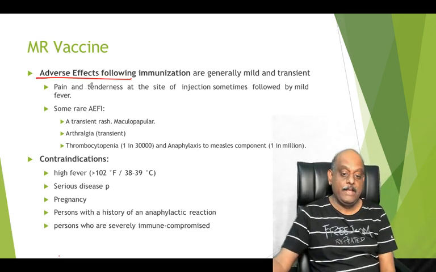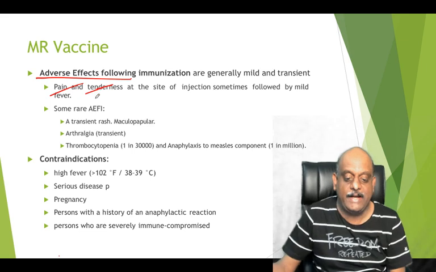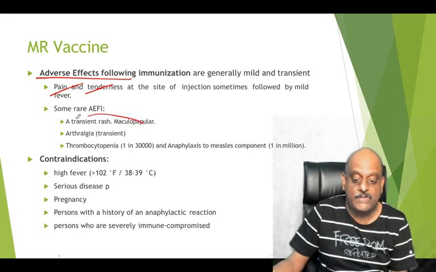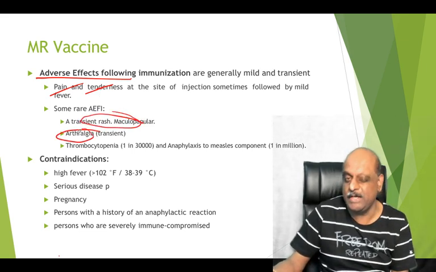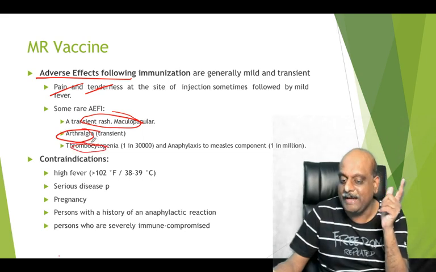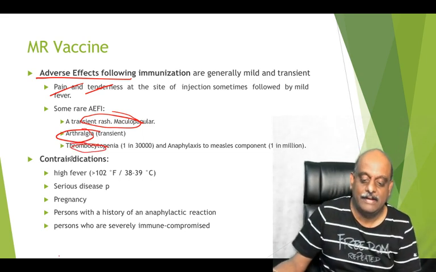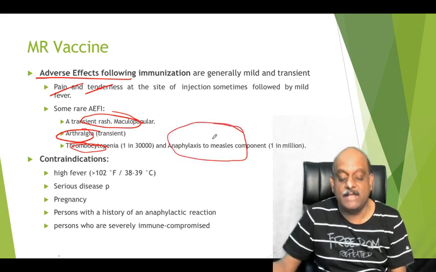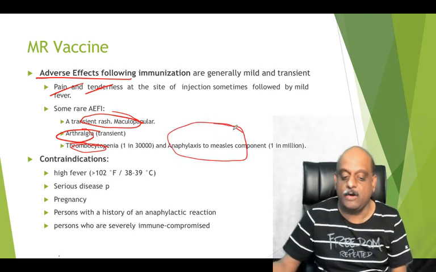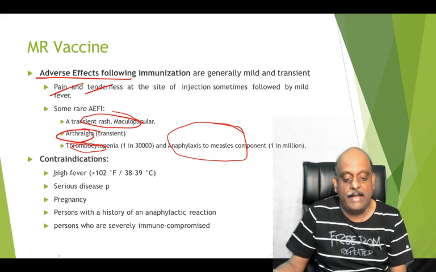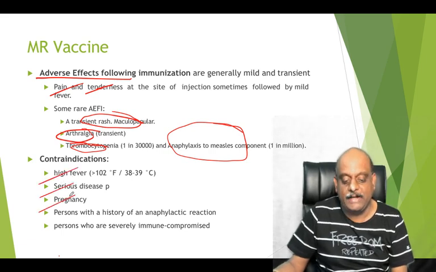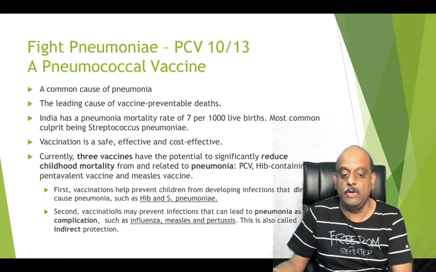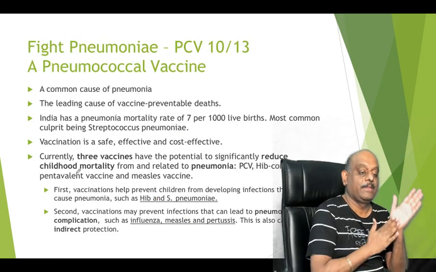Pain and tenderness at the site, transient maculopapular rash, transient arthralgia, thrombocytopenia, and there can be anaphylaxis because of the measles component, not rubella. Contraindications: high fever, serious disease, pregnancy, person with anaphylaxis, and those who are severely immunocompromised.